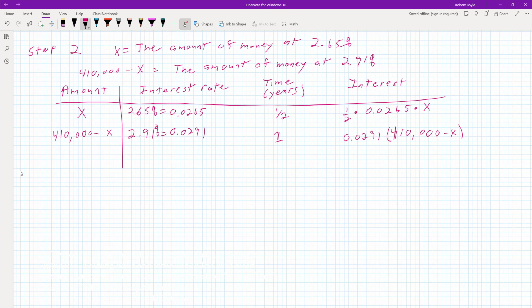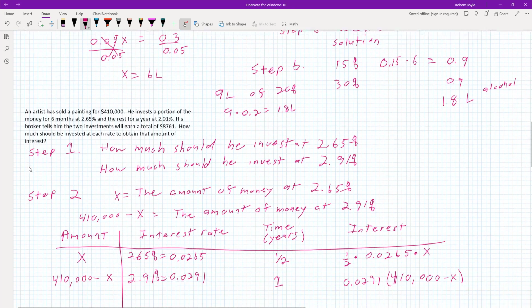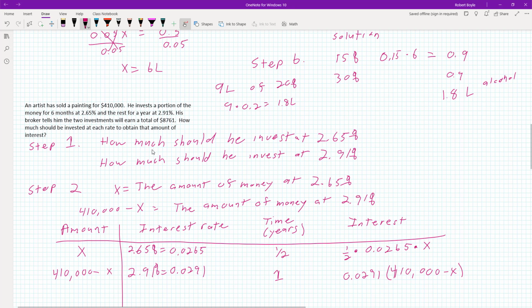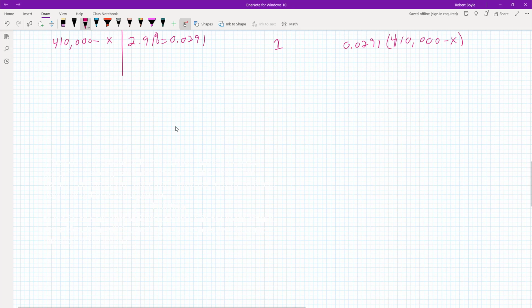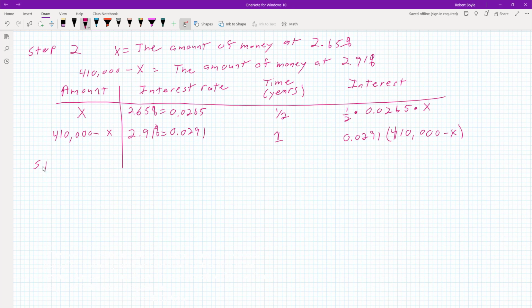Okay, and with that information, we can come up with our equation. Now notice that what we want to do is figure out how to get a total interest of $8,761. So for step 3, we can use that to figure out our equation. And what is our equation?